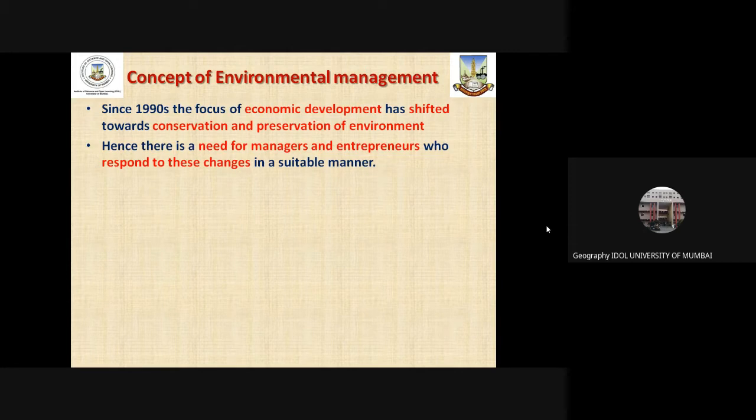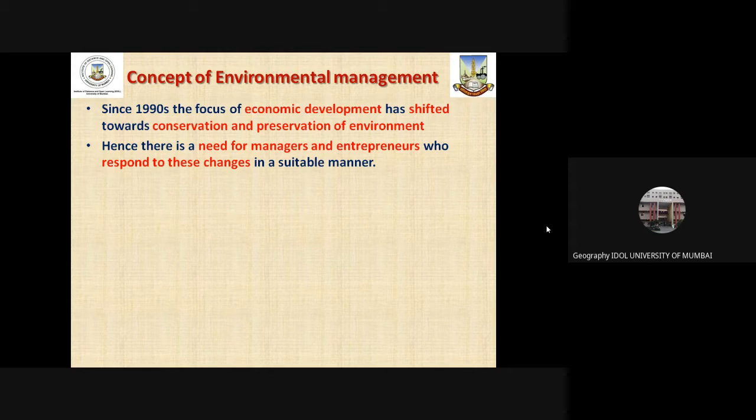In order to conserve and preserve the natural environment along with economic development, which is the need of the day, we need to provide skilled manpower who can achieve sustainable economic development which will move forward in tune with the natural environment.